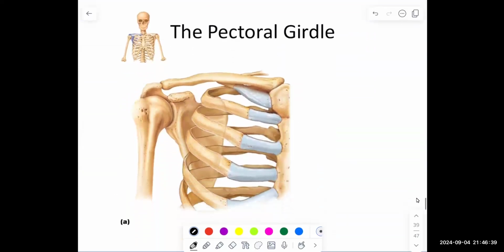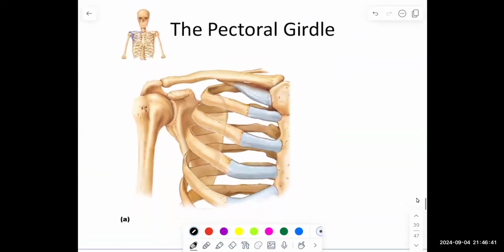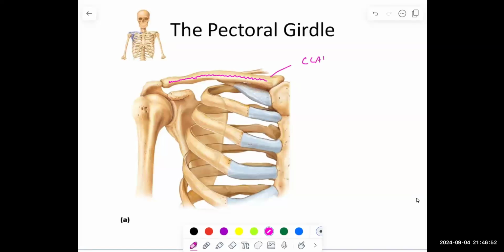The pectoral girdle, there's only two bones. This bone, which is often called the collarbone, you will not call it a collarbone in my class. What is that called? The clavicle. This bone is often called the shoulder blade. It's in the back.